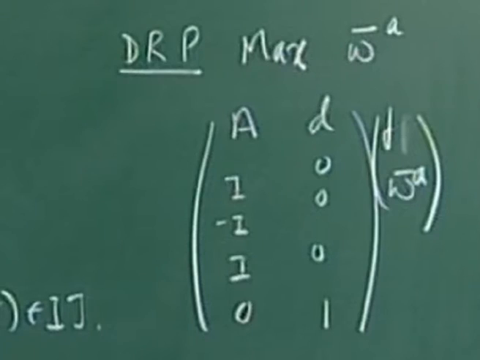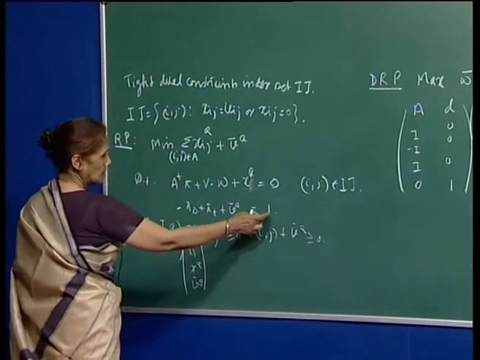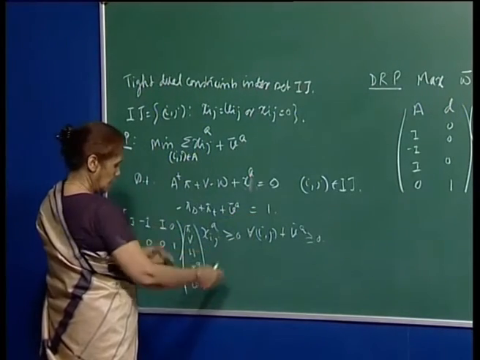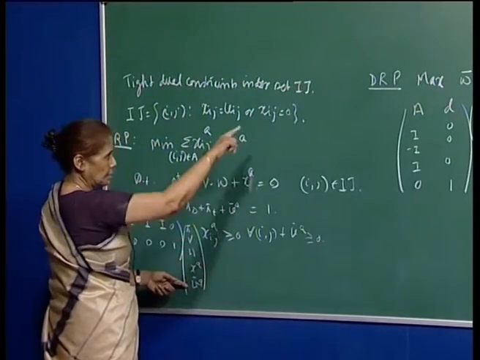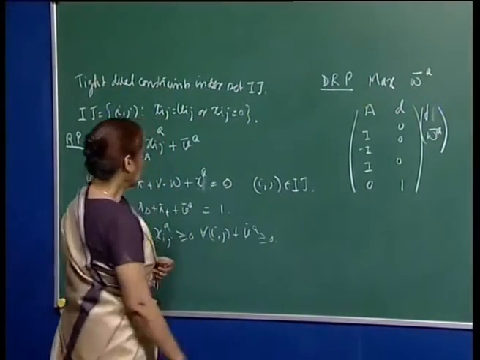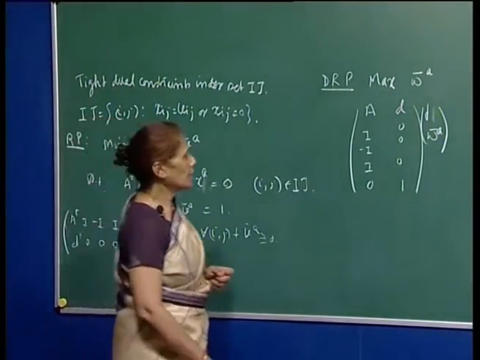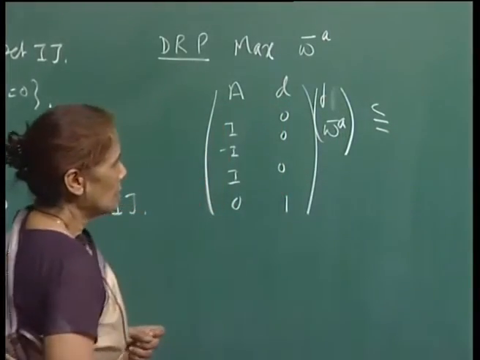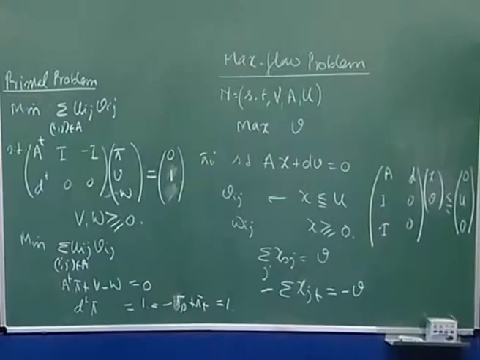That is the only one which has a coefficient of 1 here, corresponding w bar a I am writing for this variable. So, that will become max, and the coefficient is 1, and here your constraints will be all less than or equal to, because remember we were writing all constraints less than or equal to, except for this one.